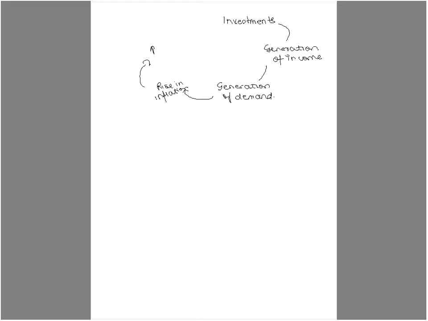And your simple explanation for this is: investments lead to generation of income, which leads to generation of demand, which leads to rise in inflation, which leads to increase in profits, which further leads to investment. Now, what is this? This is an economic growth cycle.